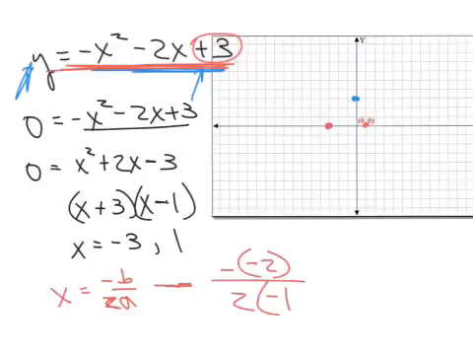What's my a? Negative 1. So this is 2 over negative 2, or negative 1. That's my x value. So my x value is at negative 1. So it's somewhere along this line, right? Somewhere along that line.